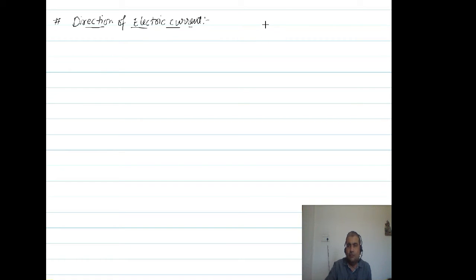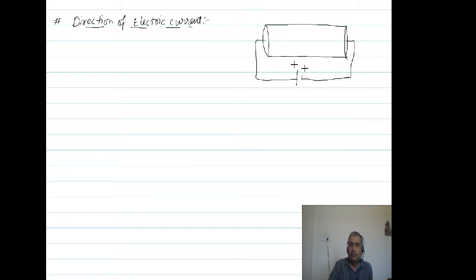Students, as you all know, when we connect a battery with a conductor, what happens? Let me connect a battery. This is the cell. We can also call it a cell, but right now I am calling it a battery. So this picture will be more clear in this chapter.